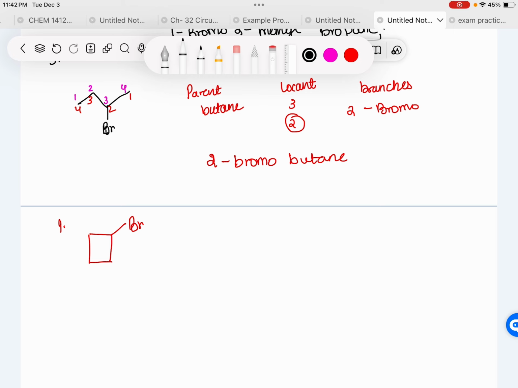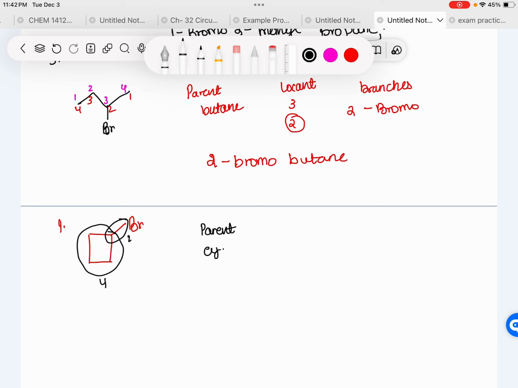We need to choose the longest chain or the longest cycle. So here we have 1 and 2, we have 4 and 2. Since the cycle is the longest, it becomes the parent.